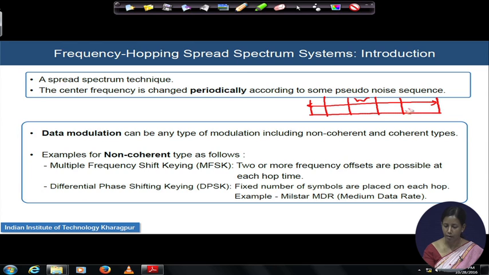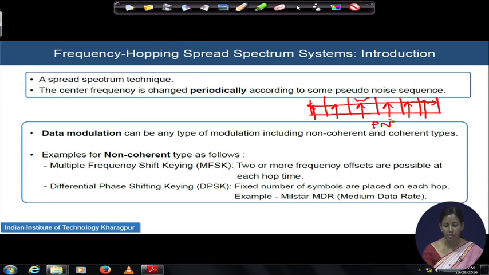Say I have capital N number of channels. Now, my carrier frequency of data transmission will be hopping from channel 1 to channel 2 to channel 3 to channel 4 to 5 ... channel number capital N. How I will be hopping will depend upon a PN sequence code.